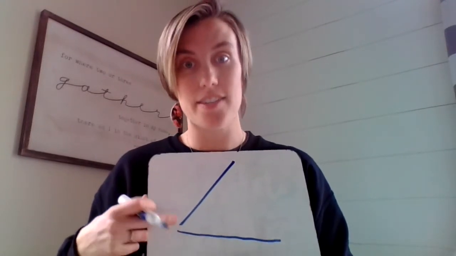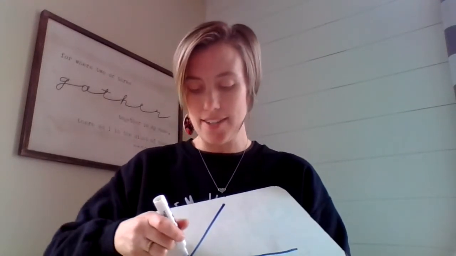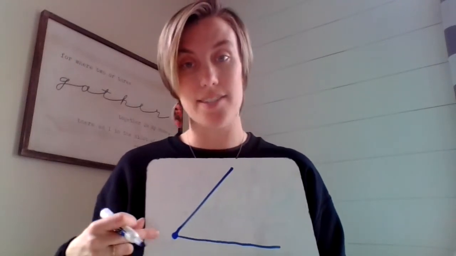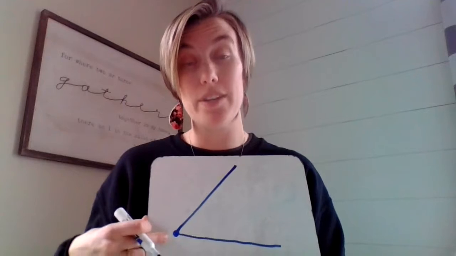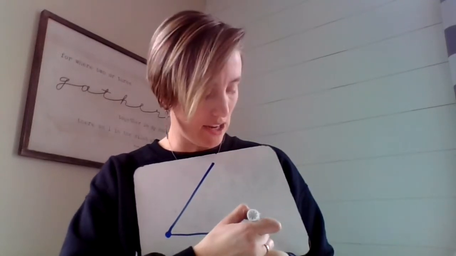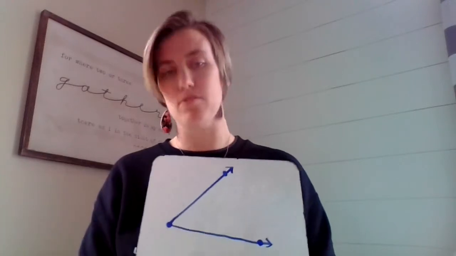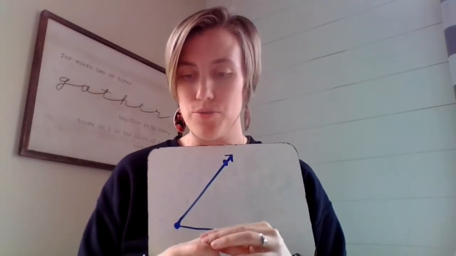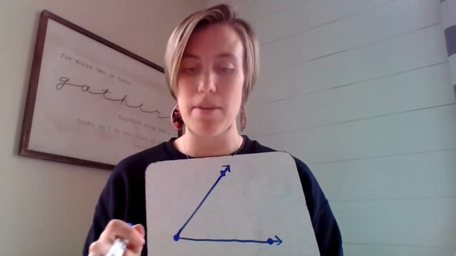This is not an angle. An angle has to have the 2 line segments coming together at the same endpoint, which we would then call a vertex. And then you can make this a line or line segments or whatever you want. This is an angle. An angle is formed by 2 rays or line segments that have the same endpoint. The shared endpoint is called a vertex.